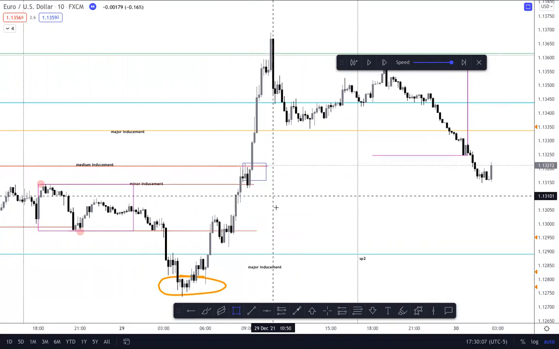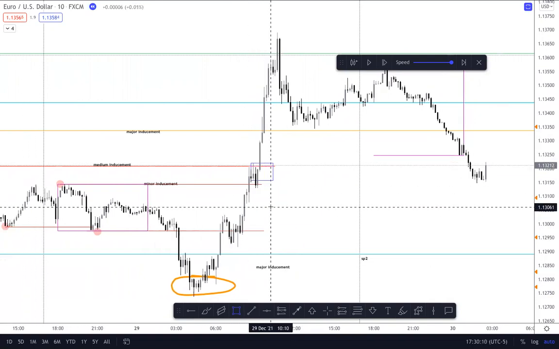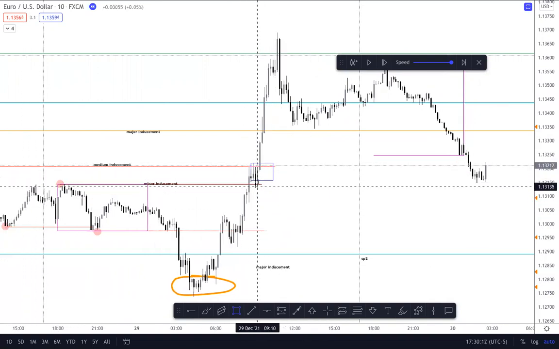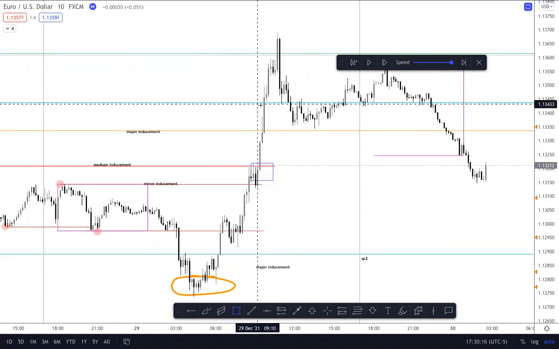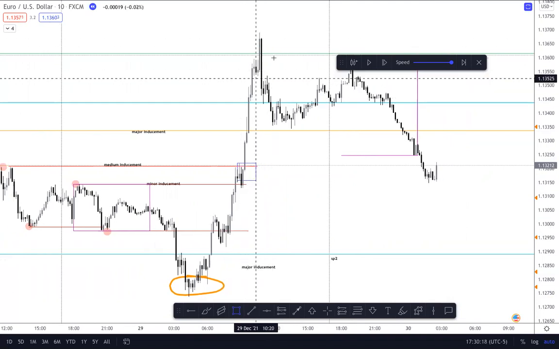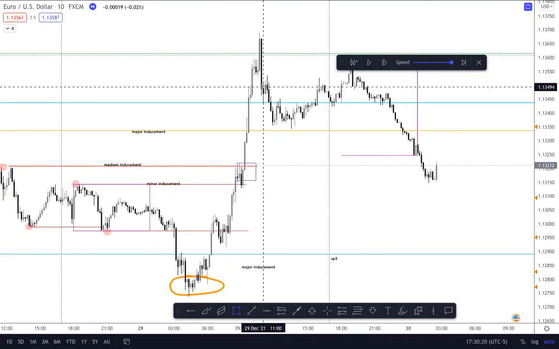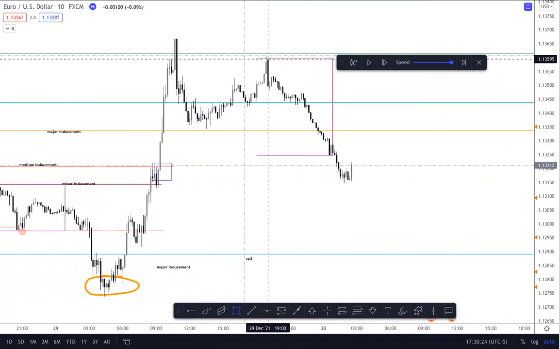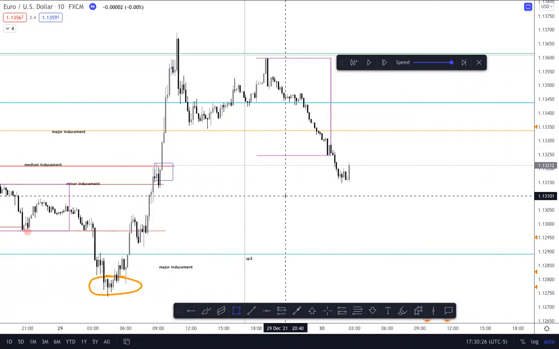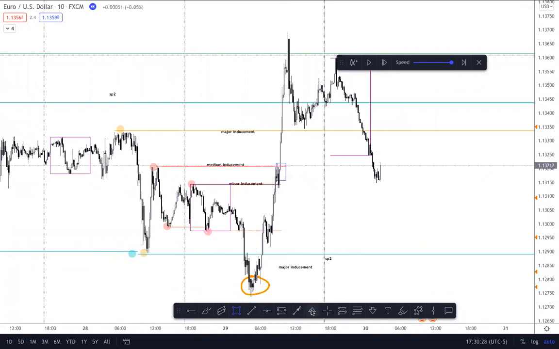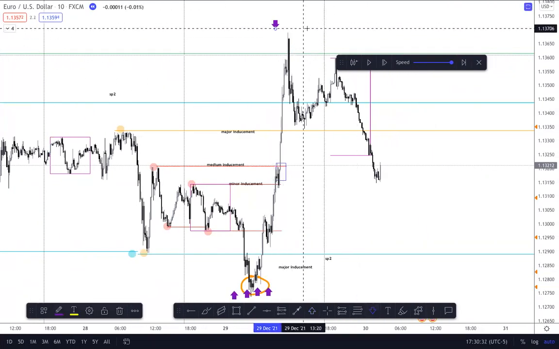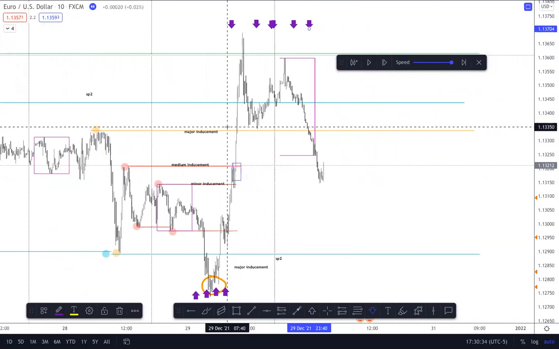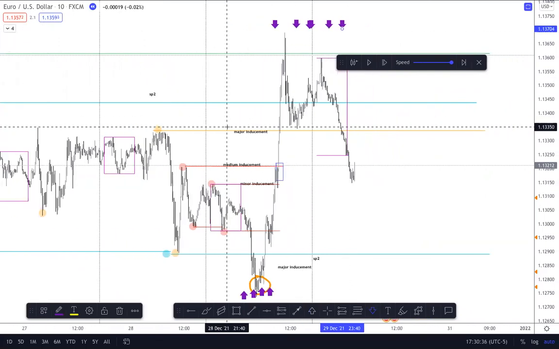We swept medium inducement, which is also for continuations and reversals, and we continued. We swept major inducement, had no confirmation. Swept major inducement, had no confirmation. It wasn't until here in which we had confirmation, right? Price confirmed, price came back, retested, and then melted, right? These two areas right here and right here should have been where you're primarily looking.